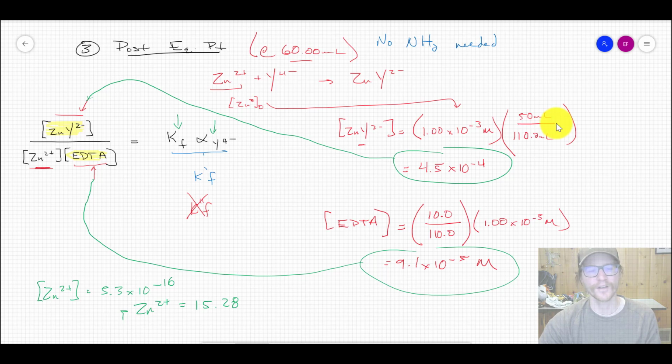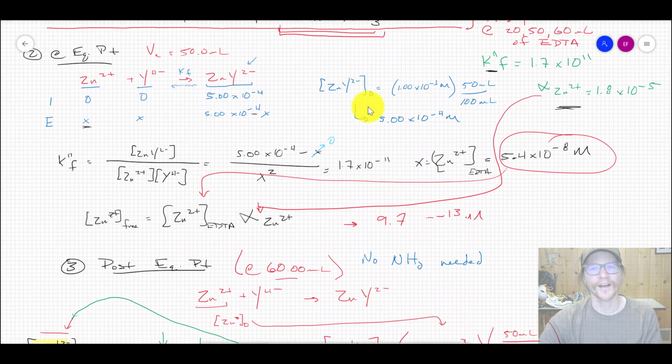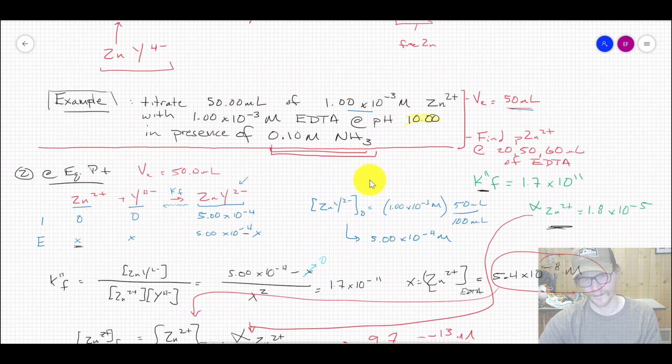And so it's important to remember here that we're calculating a bunch of stuff, but we're calculating that based on already knowing the answer, right? And you don't always know this. That's the point. Like this part here, the 1.00 times 10 to the minus 3 zinc, you wouldn't know that in a titration.